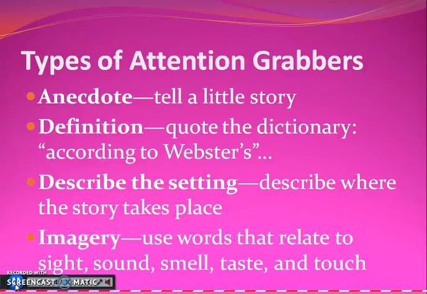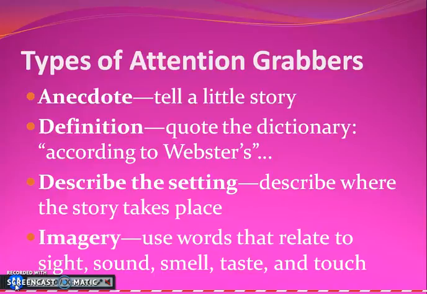Okay, here are types of attention grabbers for those people who aren't familiar. You have an anecdote, which is when you tell a little story, just a little vignette to pull your reader in, and it's obviously something that would relate to the book. Definition: if you're dealing with technical terms in your paper, you might want to define one or define a term related to the ideas that you're going to talk about in the paper.